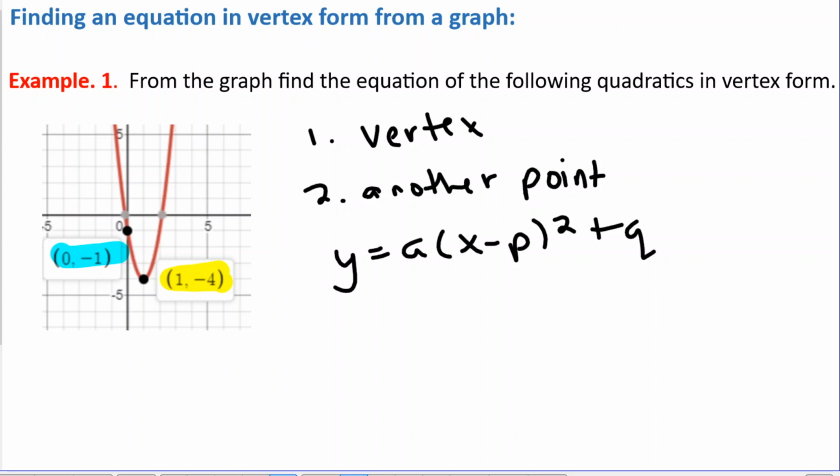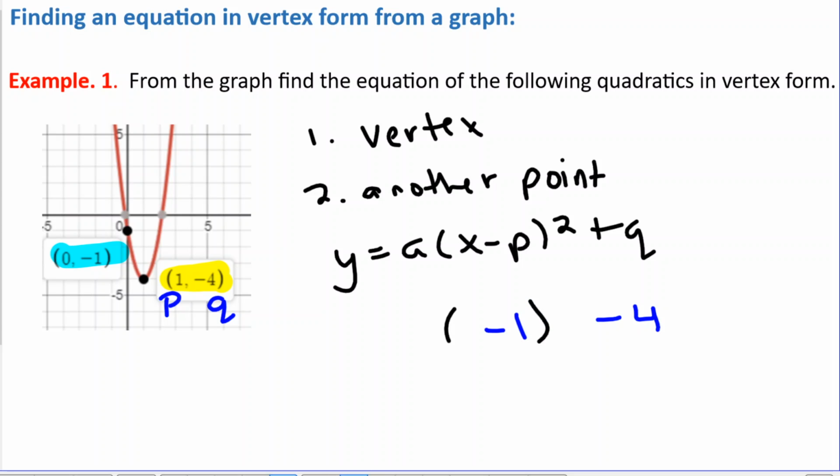And so in this case, because we have 4 points here, we can fill in 4 of these 5 blanks. From our vertex, remember the x-coordinate was the p-value, the y-coordinate was the q-value, so we can plug those values in for p and q. So I'm going to go ahead and do that. I'm going to have -1, and I'm going to put -4 outside.